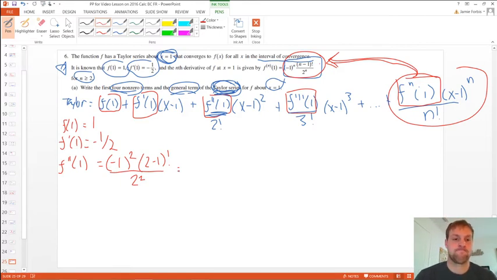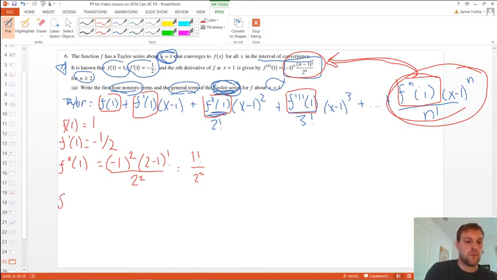Okay, so negative 1 squared is positive 1. I'm gonna say this is 1 factorial over 2 squared. And I want you to leave it that way, and you'll see why. If you leave it unsimplified, it's easier to see the general term here, okay? So that's what f double prime of 1 is.